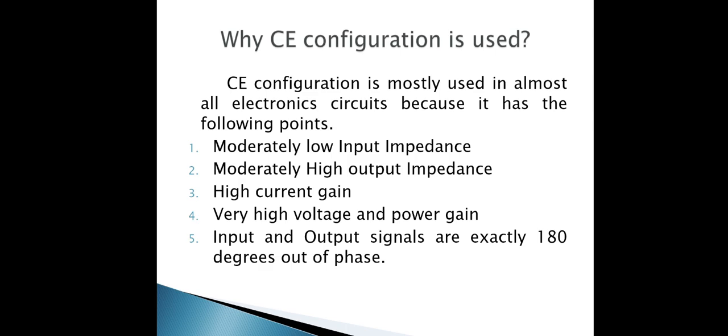The output impedance will be in the range of some 50 kilo ohms. So because of this point, CE configuration is commonly used. The other points favoring the CE configuration are: it has high current gain, and very high voltage and power gain, and the phase difference, that is the difference between the input and the output signals' phase, will be 180 degrees.